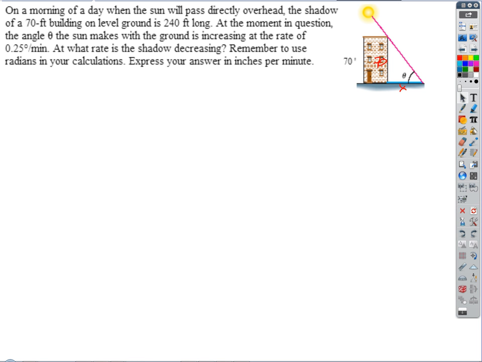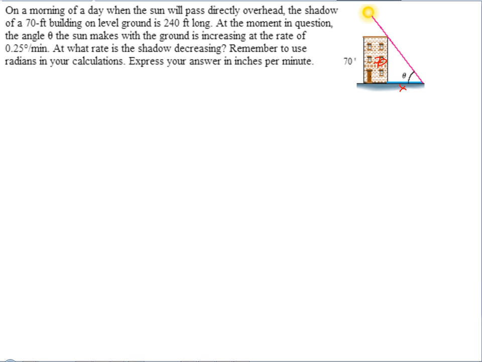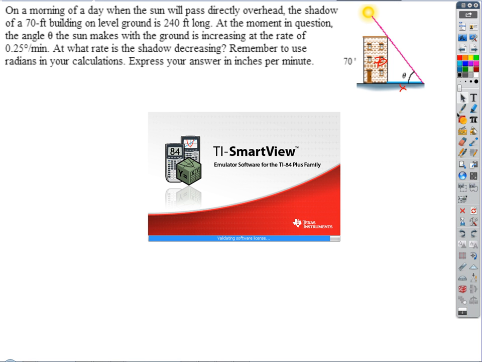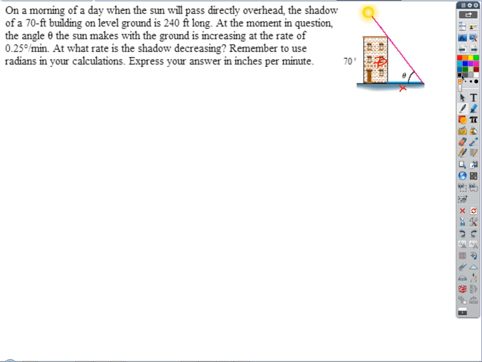Okay, so looking at this then, what are the snapshot values? We're going to look at one frame in our movie, and the frame is this one, when the shadow is 240 feet long. So we know X. Do we times that by 12 or wait till the end? I'd say do it now.